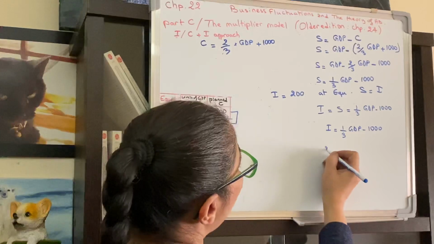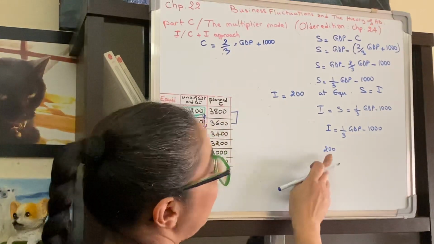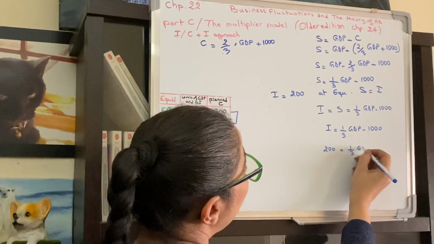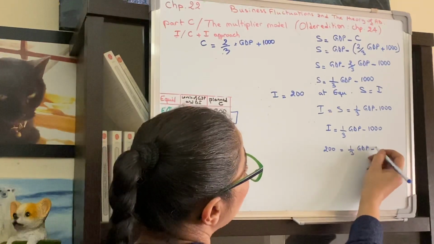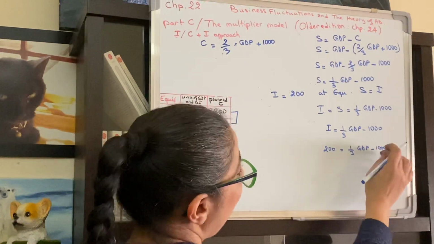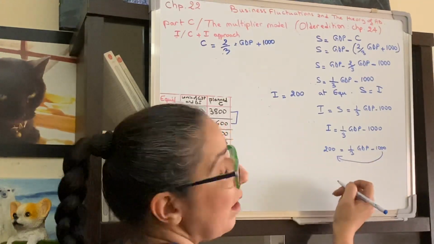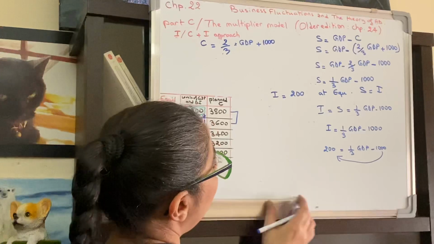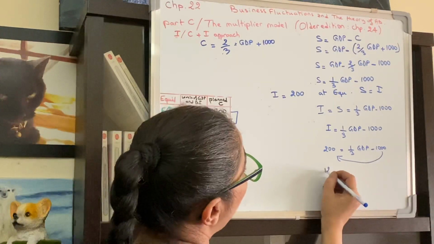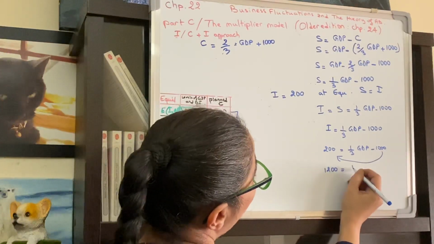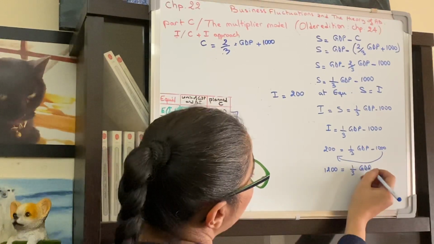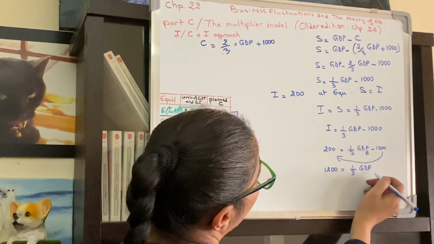Okay, so here I'm going to have 200. I'm replacing I by its value, is equal to 1 over 3 GDP minus 1000. So I'm going to bring the constant over here. So 1200 is equal to 1 over 3 GDP at equilibrium now.